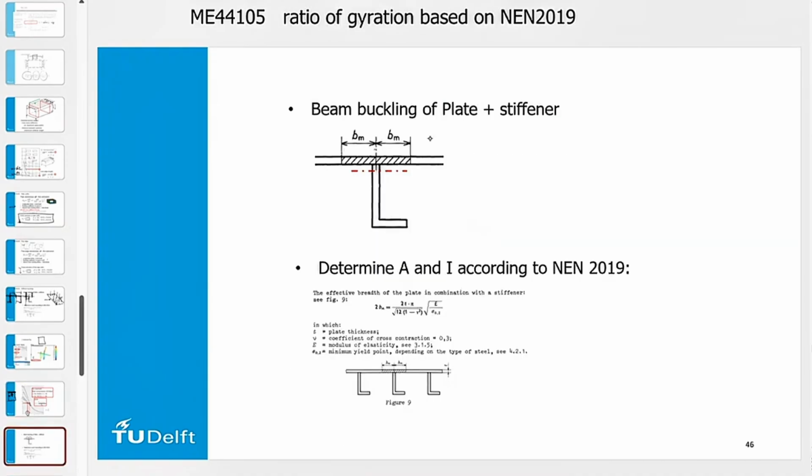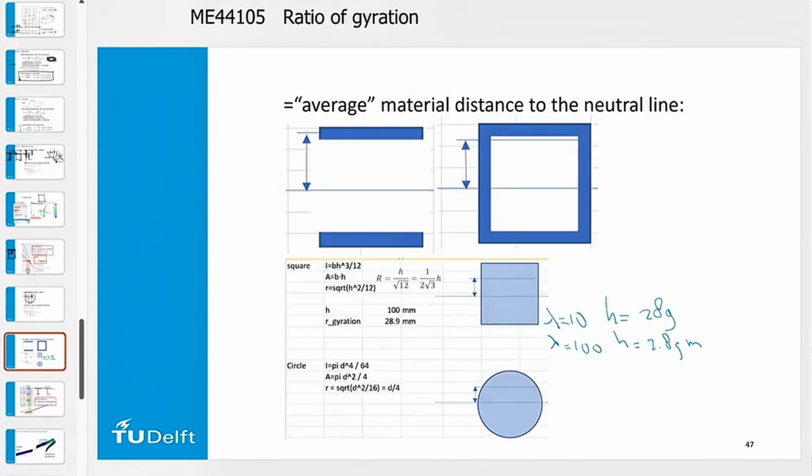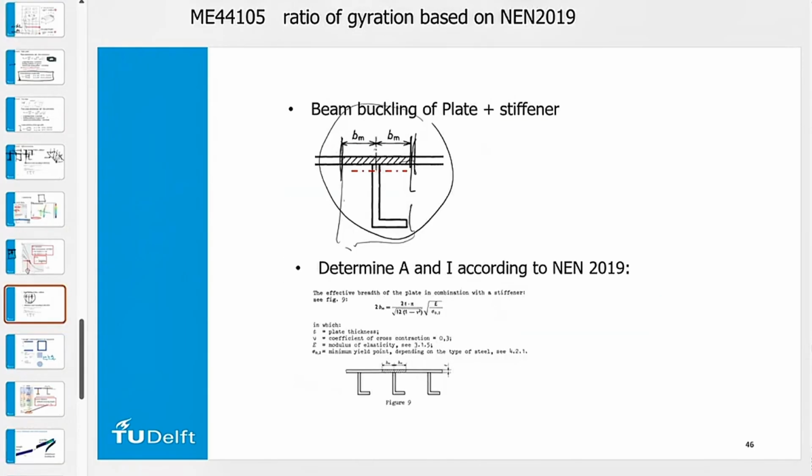So that is this one. I can here determine the A, which is the area of this section, and the I, the moment of inertia of the plate plus the stiffener together. And then I can determine for that the buckling length, so that is the length between the sections.